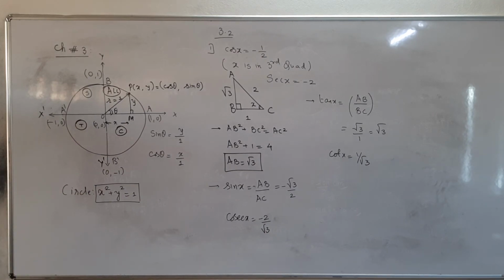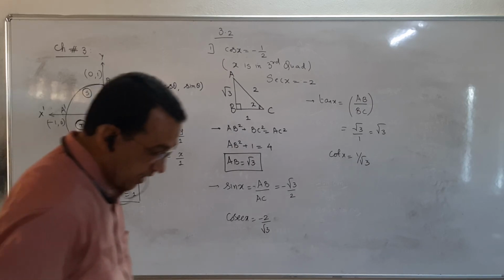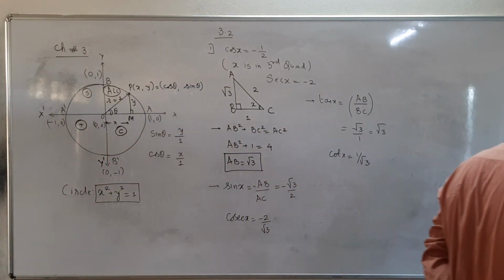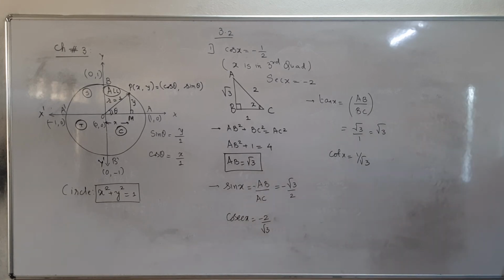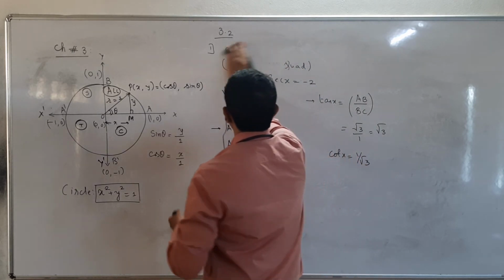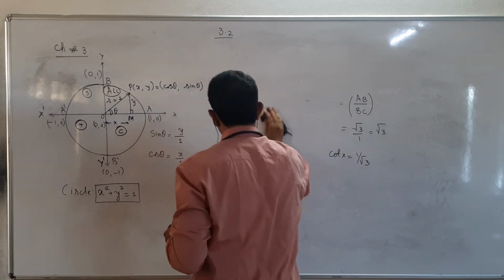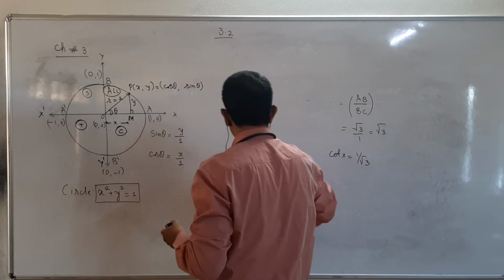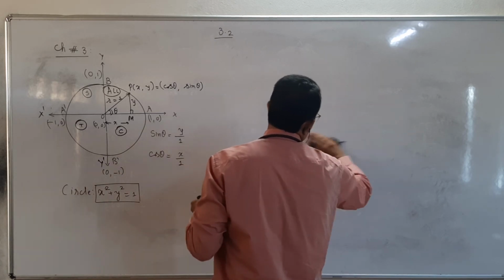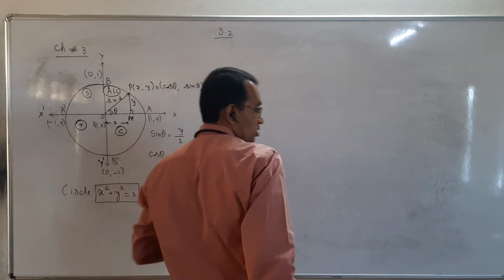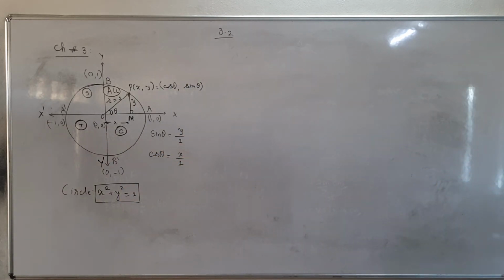This is what students we have to understand and memorize. This is the most important part. One more problem of this type, students, we are solving so that we can understand the concept and application of the All STC rule.